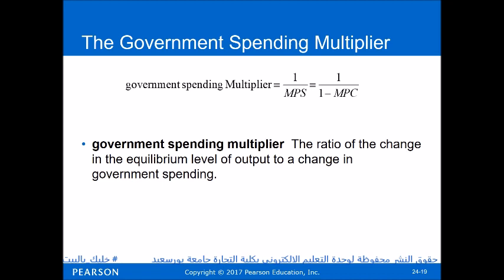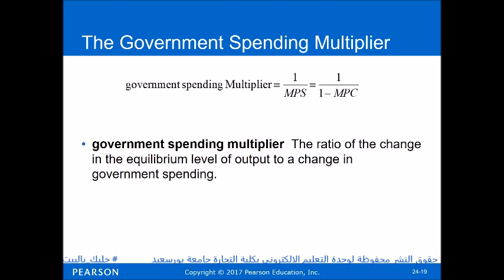The government spending multiplier can be defined as the ratio of the change in the equilibrium level of output or income to a change in government spending, or using algebra, the value of the government spending multiplier is equal to delta Y divided by delta G. So this can be thought of as a second method of calculating the value of the government spending multiplier.